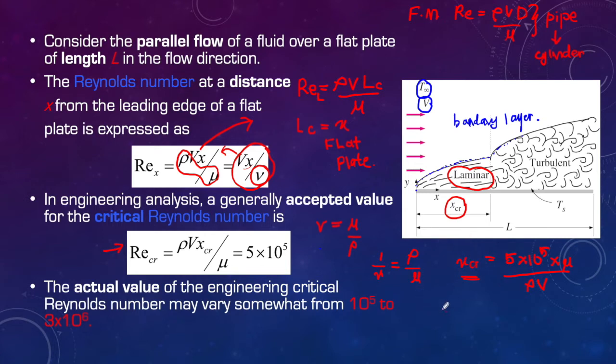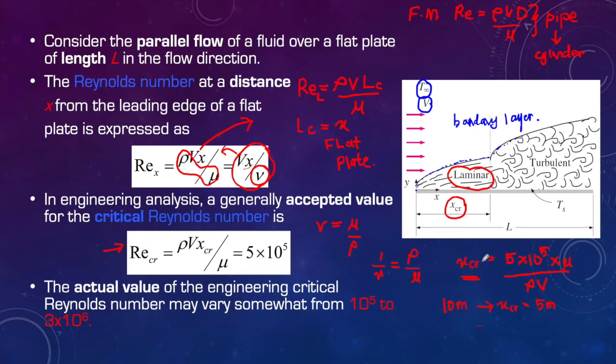If you have a 10 meter length of flat plate, and your X critical is 5 meter, then we can imagine that this actually tells us that the other 5 meter will be turbulent flow, and the first 5 meter up to the critical length is where the laminar flow happens.